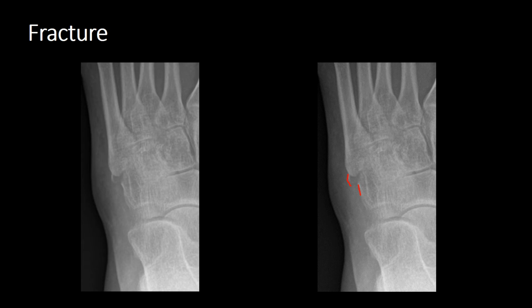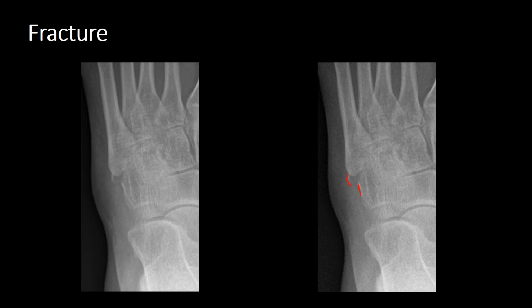So an avulsion fracture will have a break in the cortex, and here we can quite clearly see this sclerotic line, this cortical margin, and suddenly it's completely lost. And then again you can see the distal aspect of the cortical margin, so we can tell that this is actually a fracture.